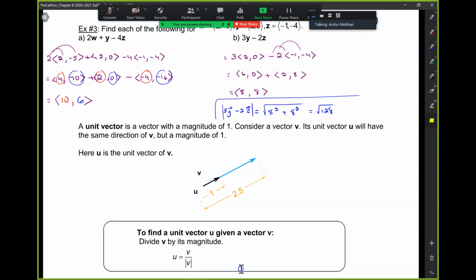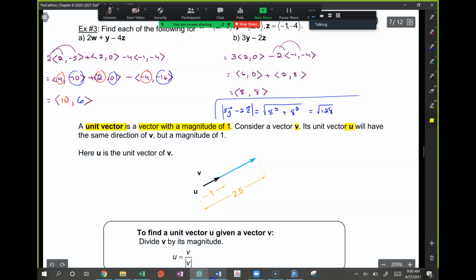It's literally just like the hand of a clock. It just points somewhere. We call that a unit vector. It's a vector with magnitude of 1. Okay? So if you have a vector v, the unit vector is usually called u, because why not?